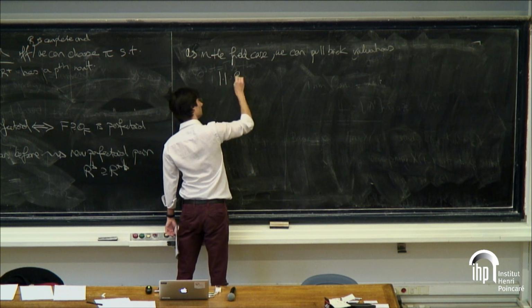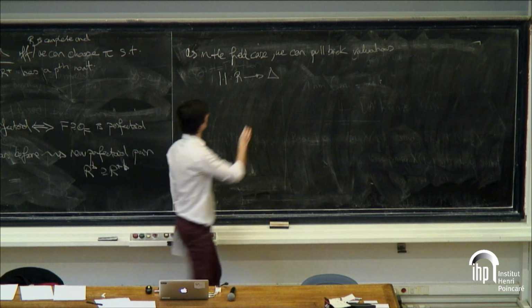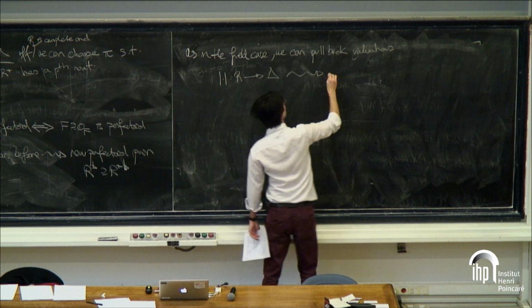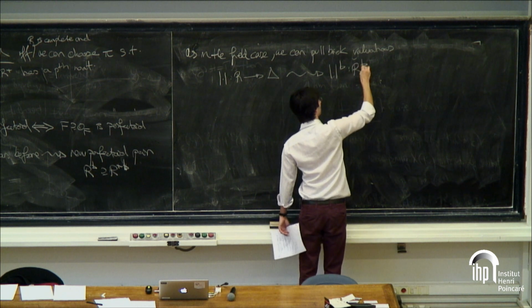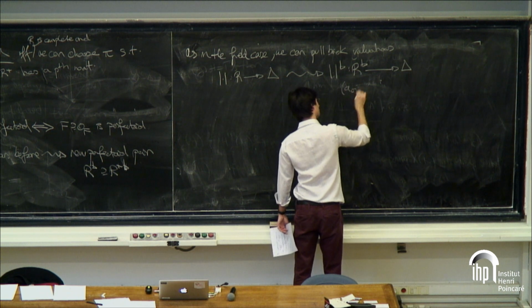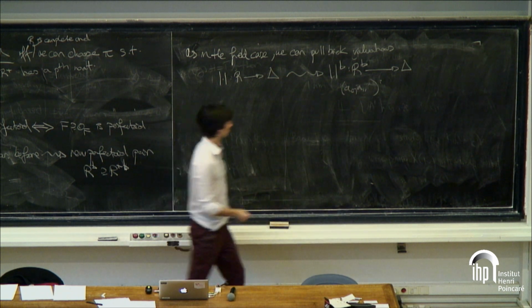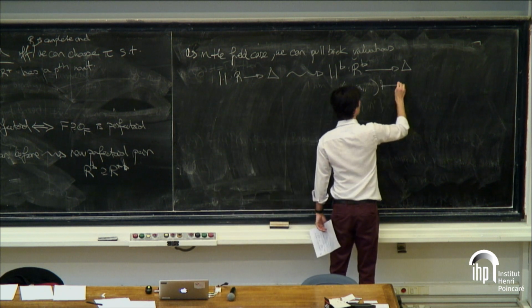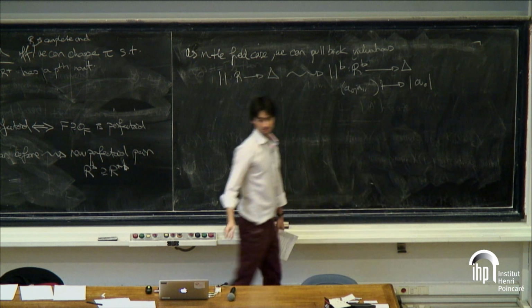So if I have some valuation on R, I can construct a new valuation now on R tilt. And remember, the definition of this is the same as before. I'm just looking at all of my compatible sequences of p power roots, and I just pluck off the absolute value of the 0th term.